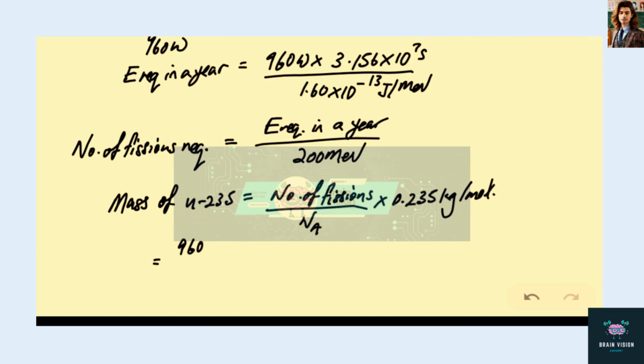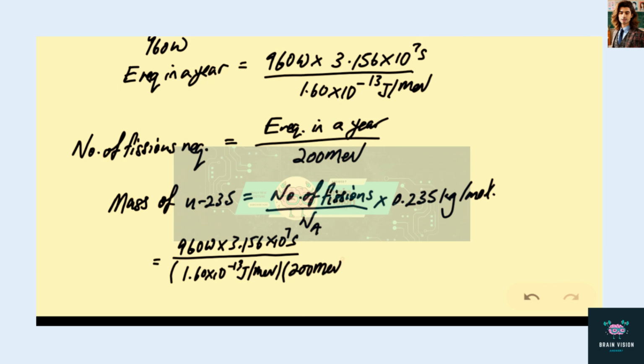Alright, so putting everything together, it should be 960 watts multiplied by the number of seconds in a year, and this should be our final expression, which we just need to evaluate in the calculator.